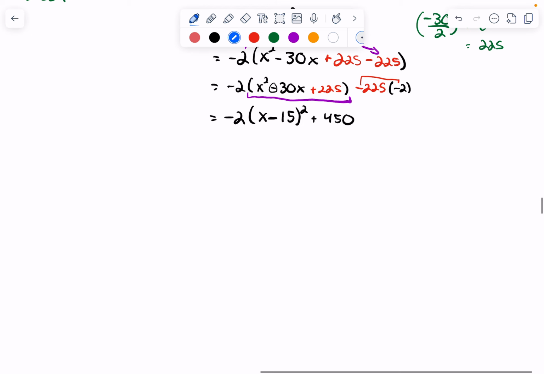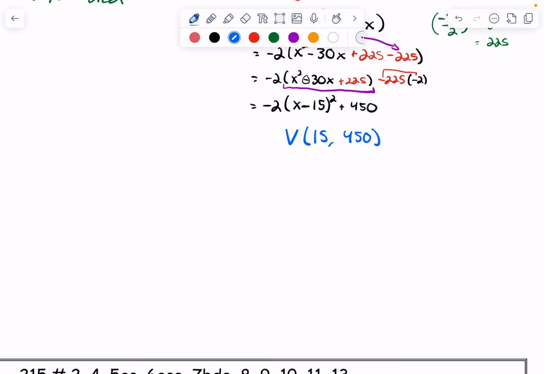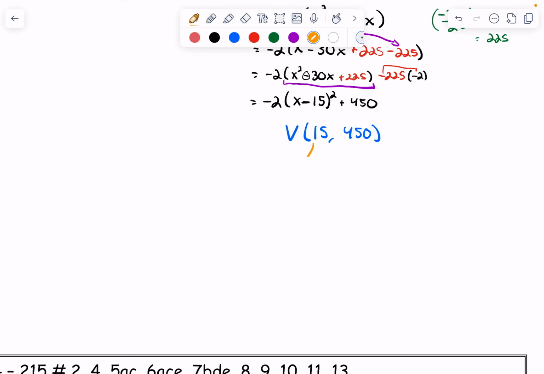And there you go. We can see we have our vertex at 15 and 450. So this right here is the width, and this is the area. Because this is an application question, give your therefore. So therefore, the maximum area, and we know it's a maximum, not a minimum, because our a value here is negative.